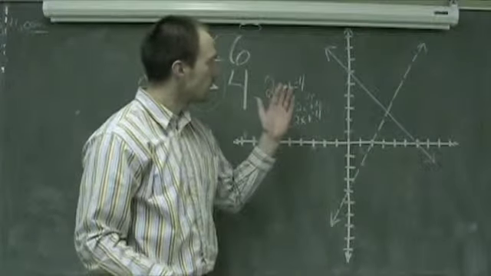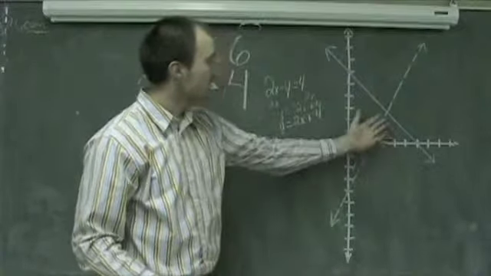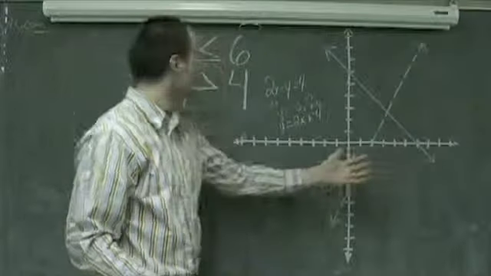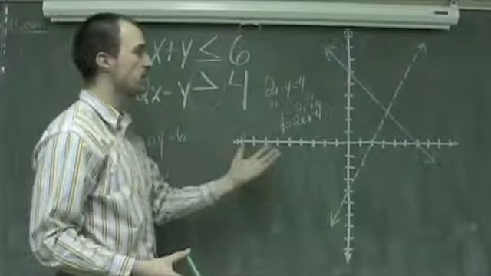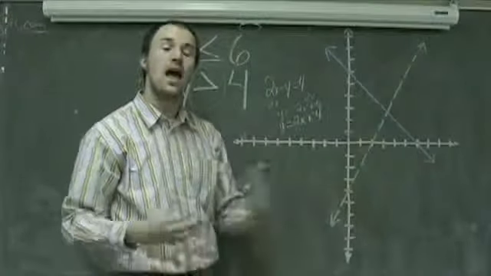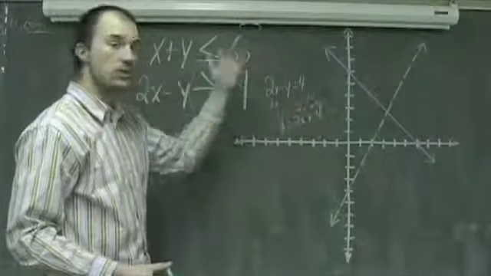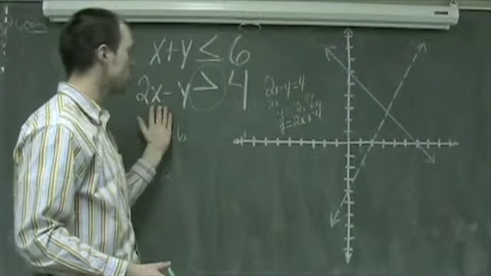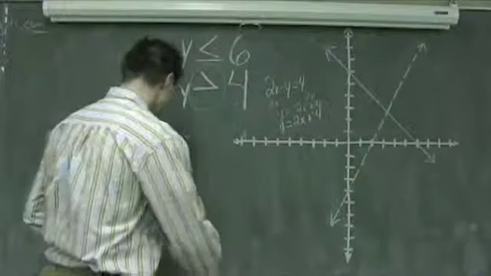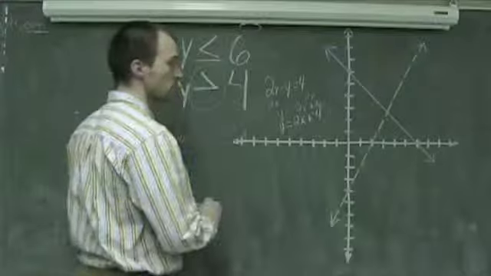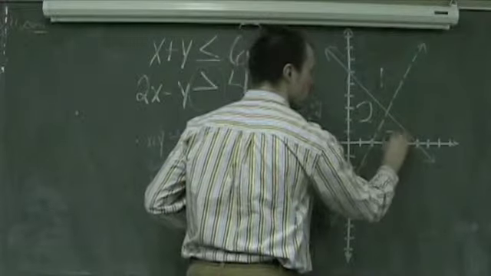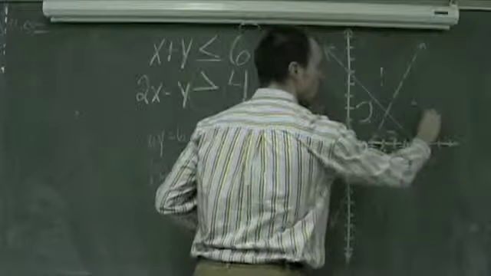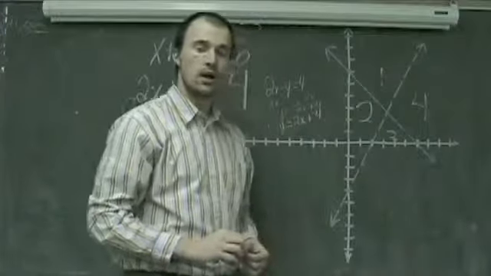If this was an equal sign, or a system of equations and not a system of inequalities, we would have exactly one answer. However, we're now doing some shading, with the x plus y inequality as well as the 2x minus y inequality. And we actually have 1, 2, 3, 4 different regions.